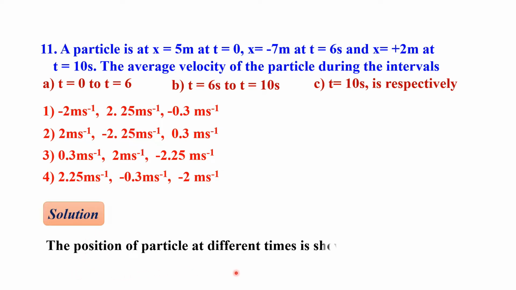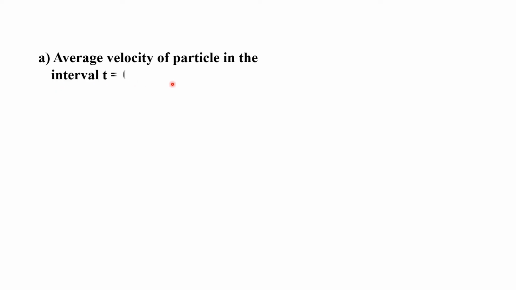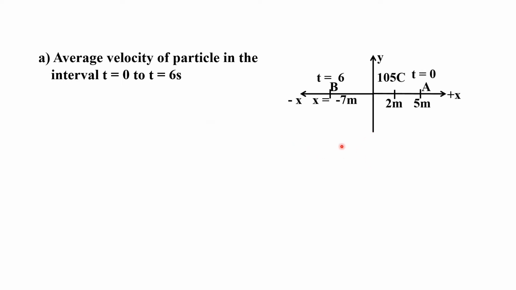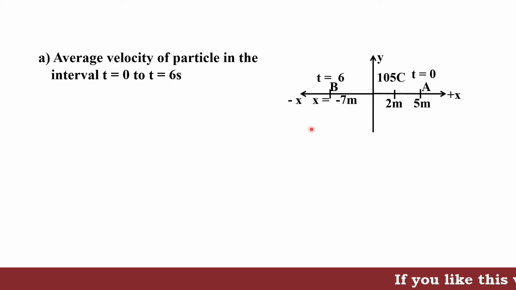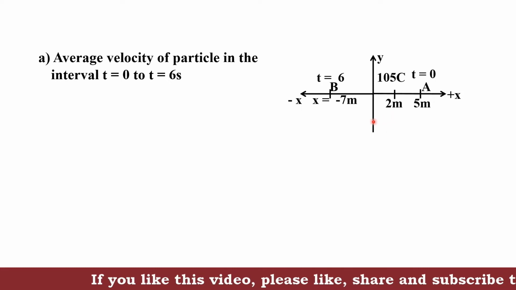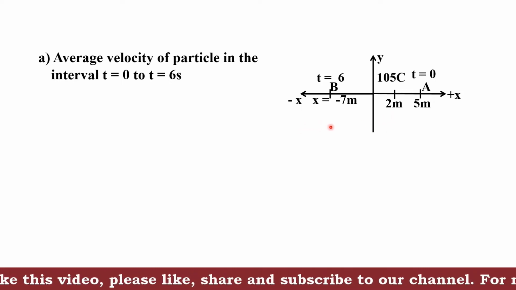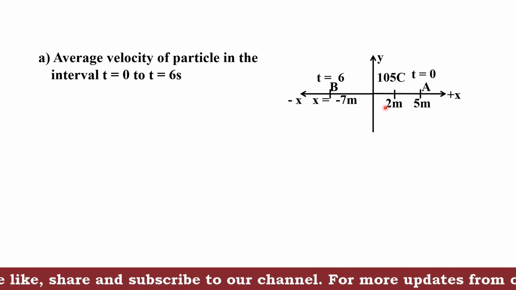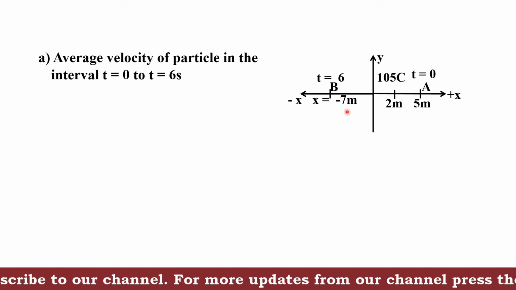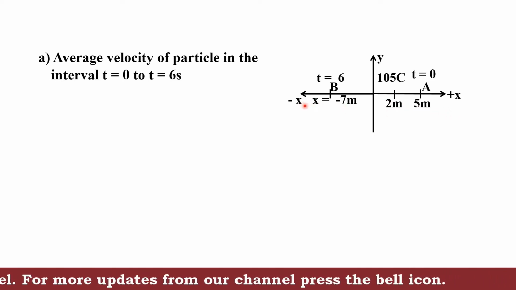The position of the particle at different times is shown in the figure. Average velocity of the particle in time interval t equals 0 to 6 seconds. See this figure: A, B, 5 meters, 2 meters and x equals minus 7 meters. This is the positive x direction and this is the negative x direction.